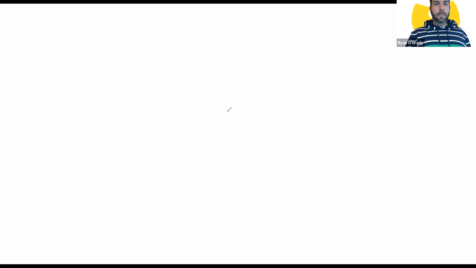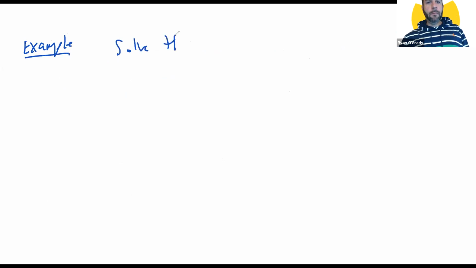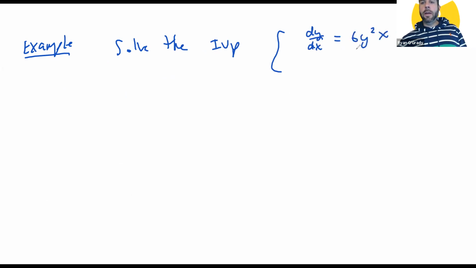And please stop me if you have a question or a comment. So we're going to solve the initial value problem. They often are written with a bracket. We might have dy dx equals, let's say, 6y squared x. And then the initial condition is when you plug in 1, it should spit out 1/25.